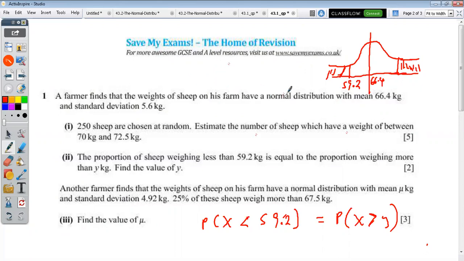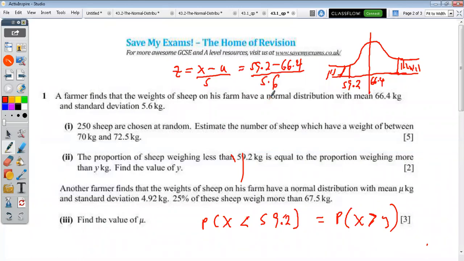We are almost done. So what is the Z value there? Z is equal to X minus mu over sigma. So it's 59.2 minus 66.4 divided by 5.6.